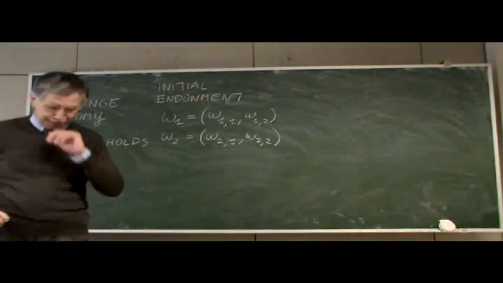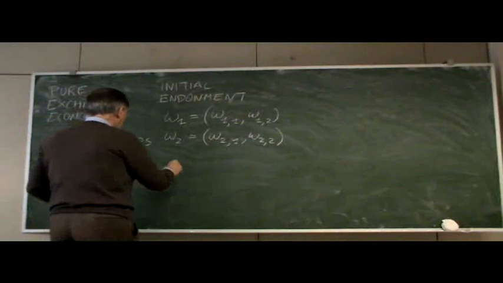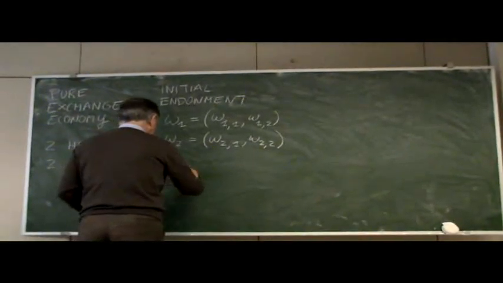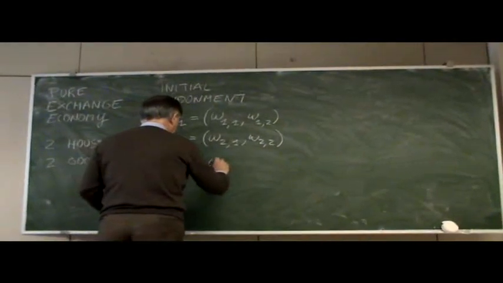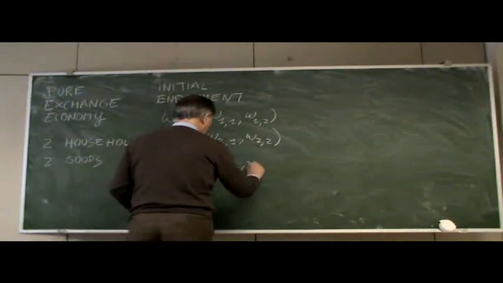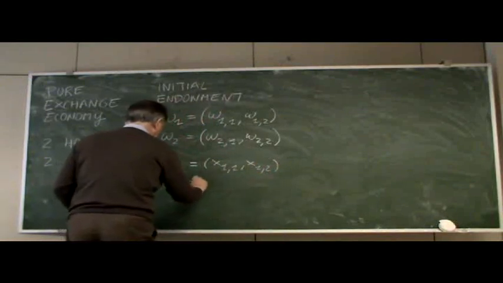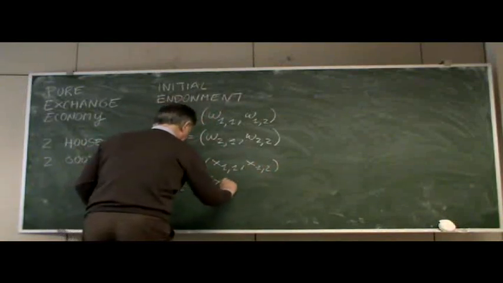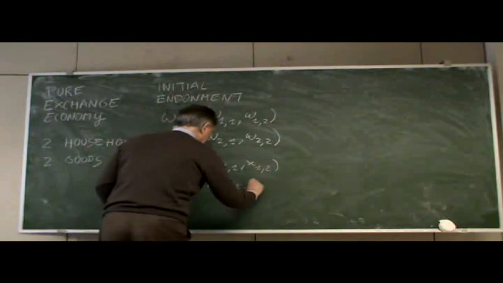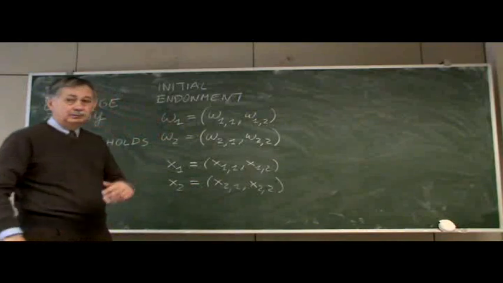Is it clear? Very well known symbology. Then we shall denote by x1 a possible consumption bundle for the first consumer, and analogously by x2 a possible bundle for the second household.